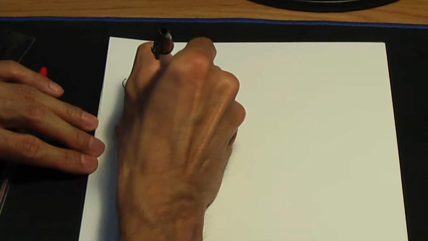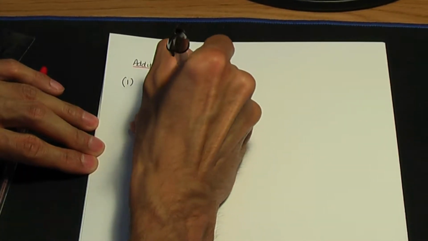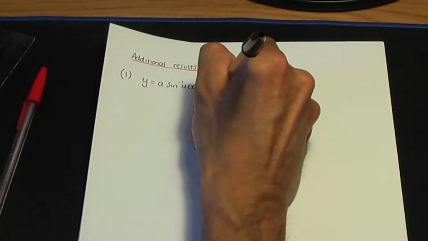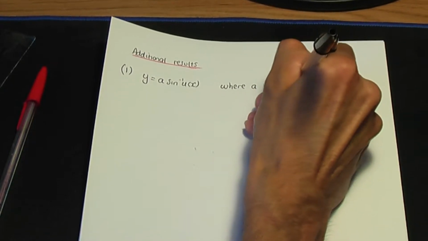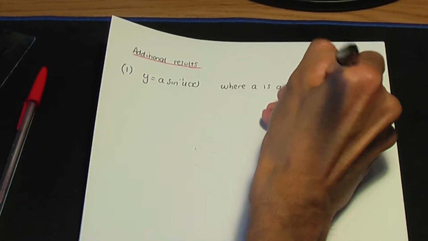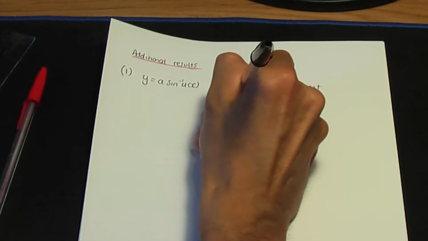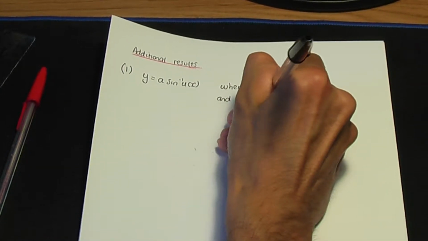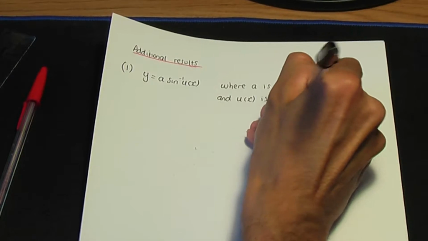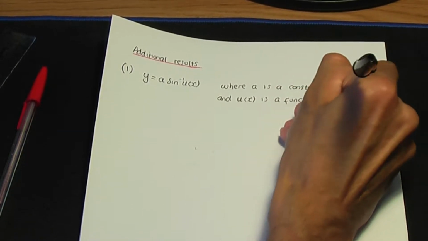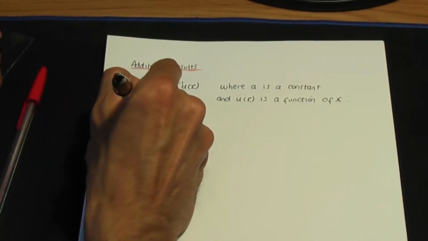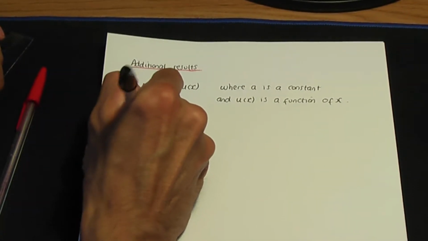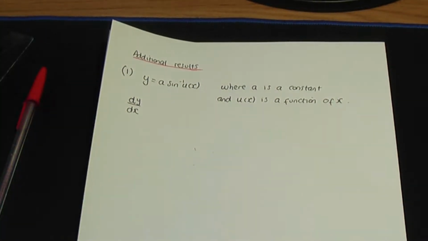So if y is equal to a sine inverse ux, where a is a constant and ux is a function of x, to get the derivative, dy by dx, I'm going to be using the chain rule.